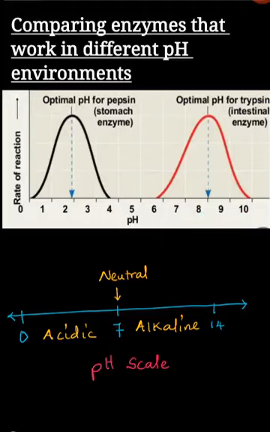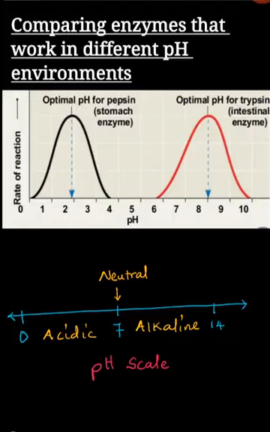So you find that those enzymes that work best in acidic environment will have pH levels that are less than 7. Those enzymes that work best in an alkaline environment will have an optimum pH that is above 7, like we have seen in the case of trypsin. That is what you must understand.